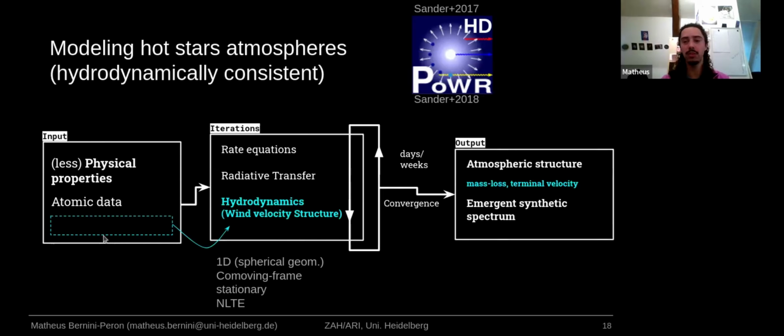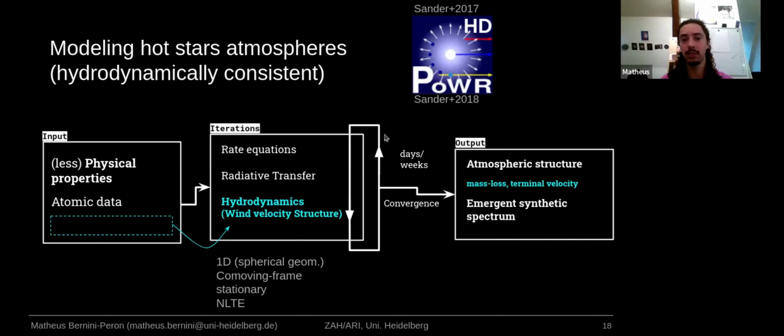So we just assumed a certain behavior for the velocity, and we provided that to the code, and the code would essentially compute the atmosphere from that. Now, the velocity structure is a consequence, should be iterated, and is shaped also by the radiative transfer and the ionization and excitation levels of the atoms.